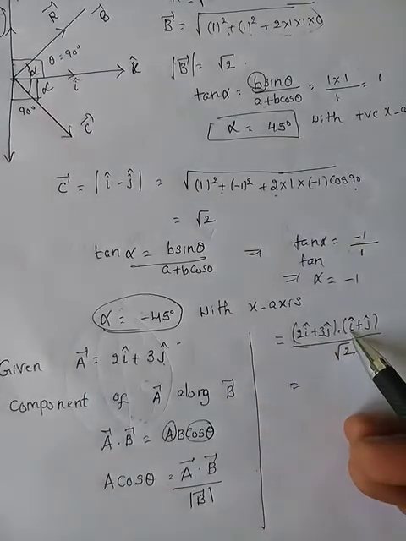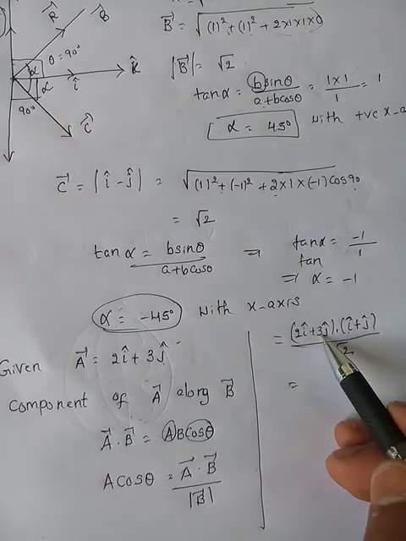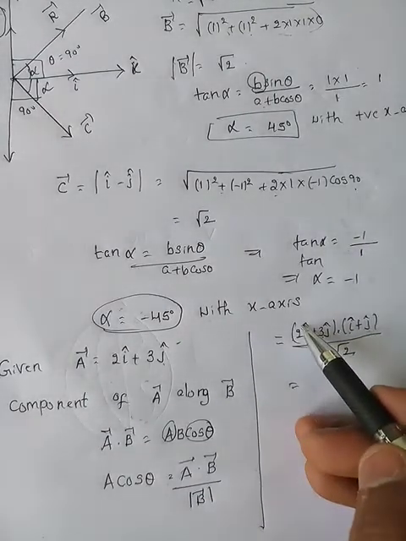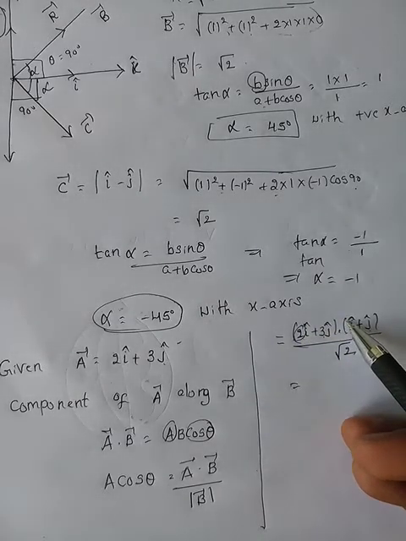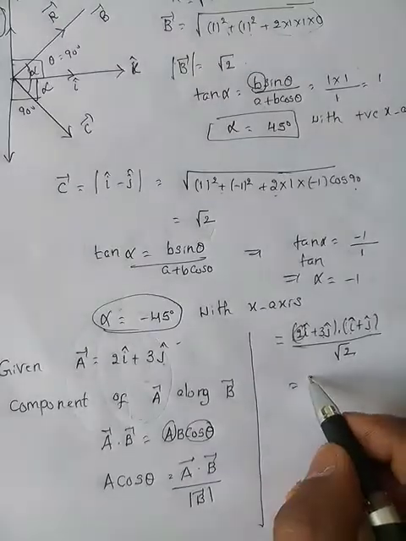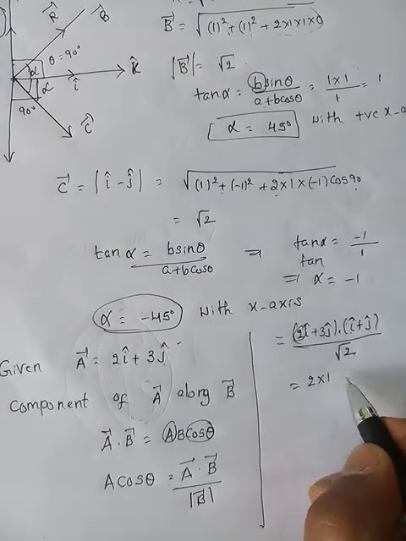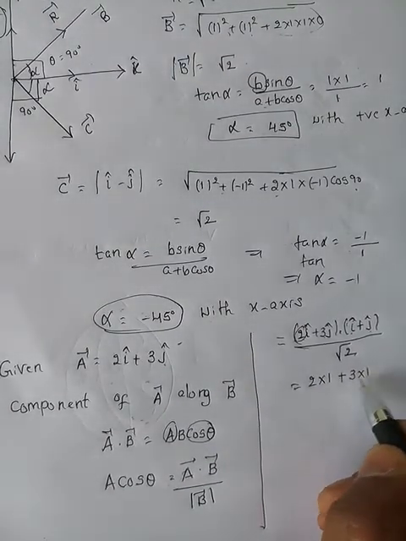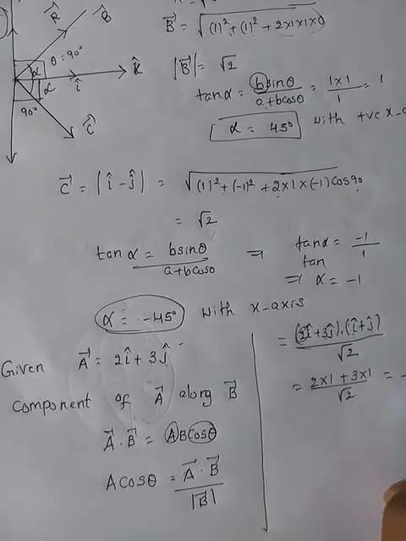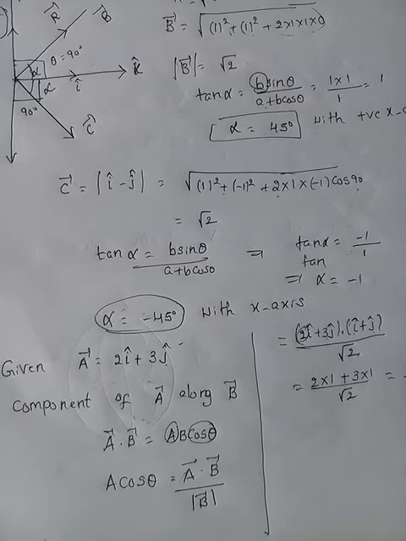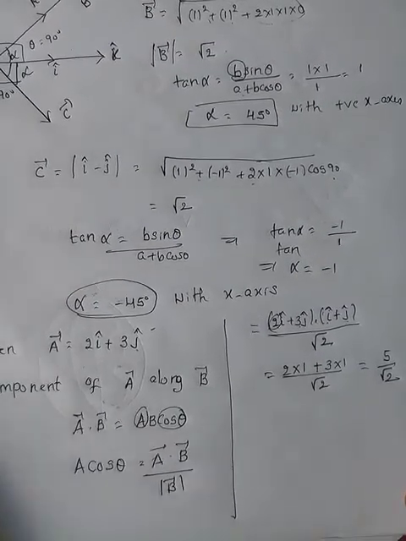Ax into Bx plus Ay into By, the magnitude of A along the x axis times the magnitude of B along the y axis. What is that? 2 into 1 plus 3 into 1 divided by root 2. So 2 plus 3 is 5 by root 2. So this is the component of A along B bar.